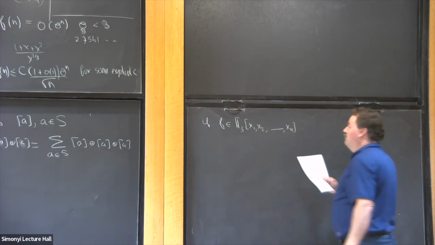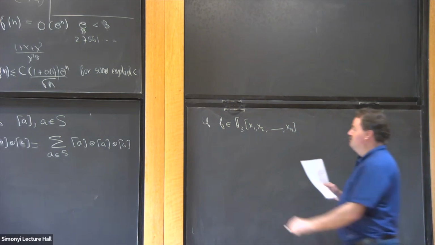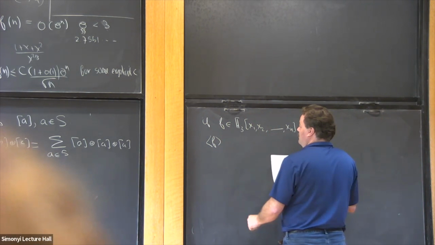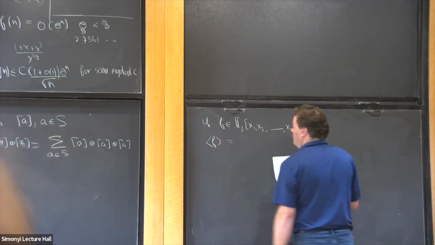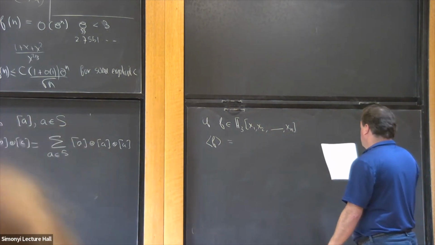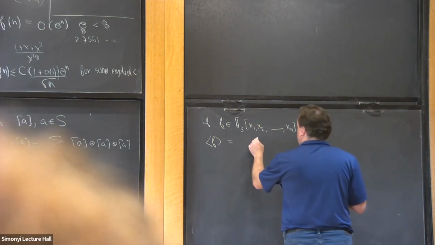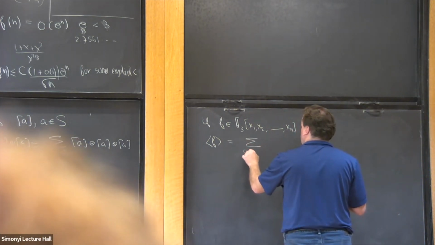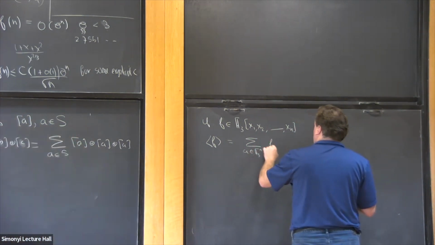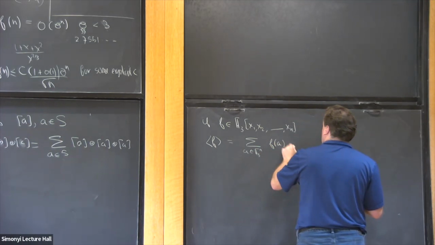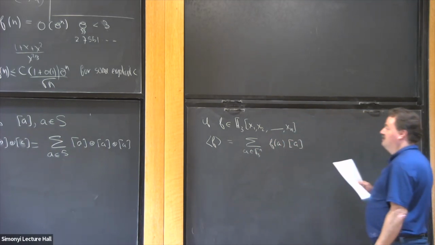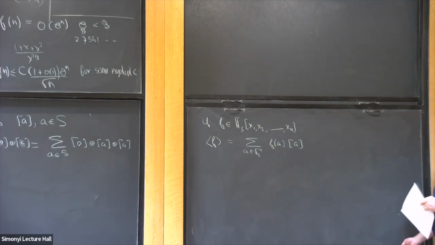If I have a polynomial f in n variables, I'm going to use this notation, f with these brackets, which is defined as the sum over all a in F3 to the power n of the value f(a) times this basis vector a. So I'm going to use that notation.